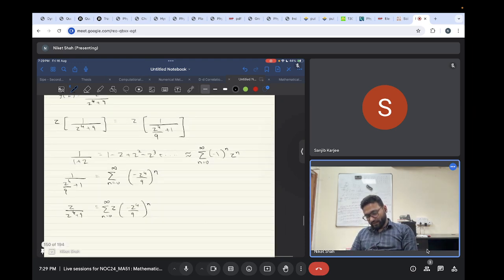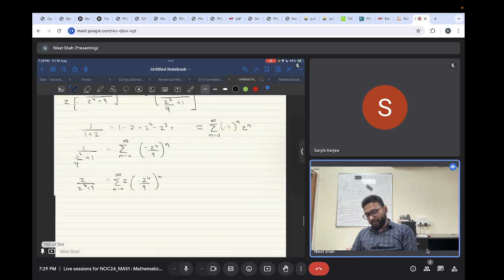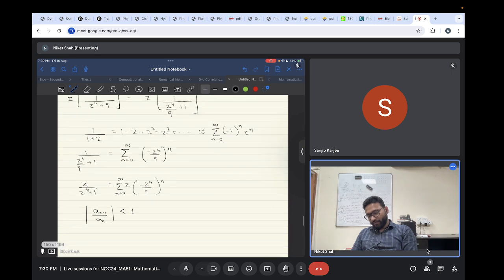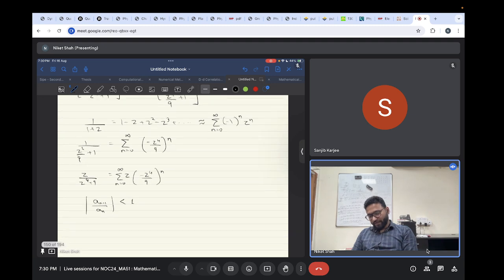So this is the representation, and the region of convergence is basically given by mod of a_(n+1) divided by a_n, which is the (n+1)th coefficient divided by the nth coefficient. This mod has to be less than 1. So what is the (n+1)th coefficient?